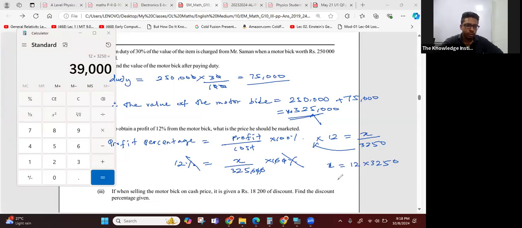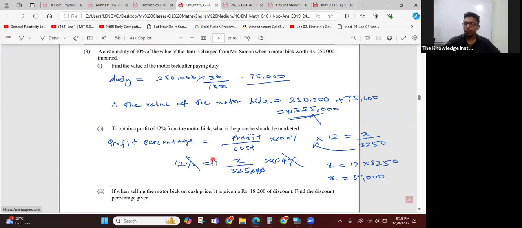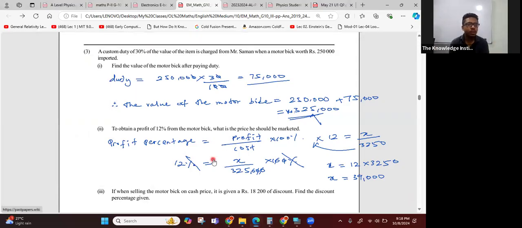So x equals 39,000. If the profit is 39,000, can you text me what is the selling price of the bike? If the profit is 39,000, what would be the selling price of the bike?